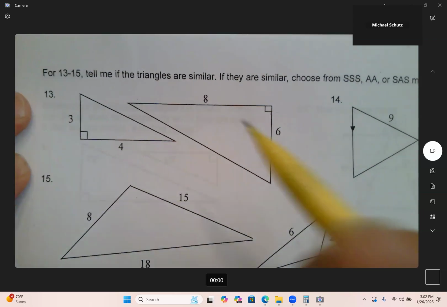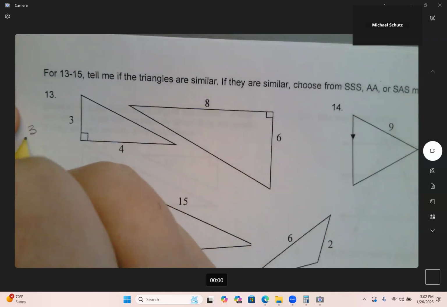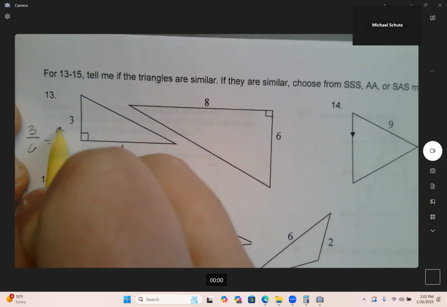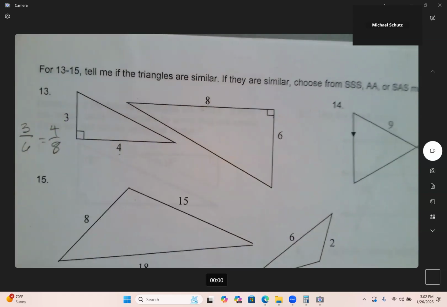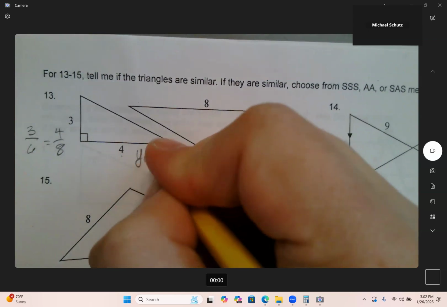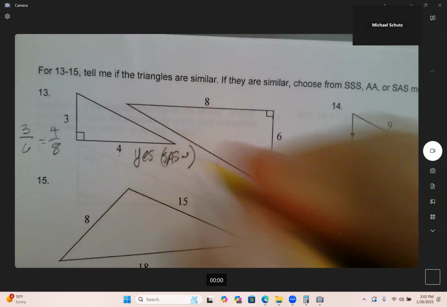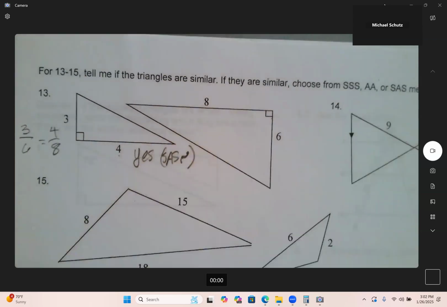So now we need to see if the smaller one to the smaller one is equal to the larger one to the larger one. It looks like 3 over 6 is 1/2, 4 over 8 is 1/2. So this is yes, and the reason is side angle side similarity.